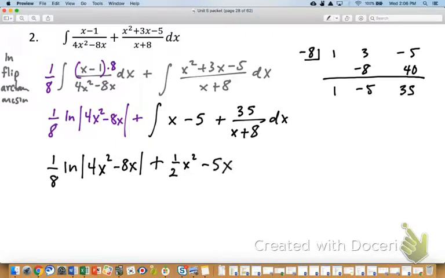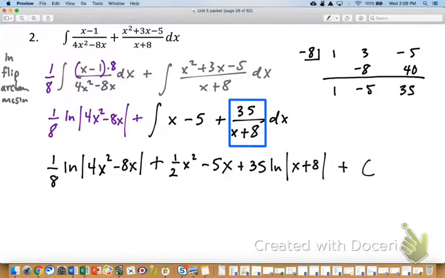And then you get to that last term, and we can make this as complicated as we want. The 35 is just a constant multiple, right? Yep. So what is this going to end up being? What kind of thing? Natural log, that's right. So we'd finish with plus 35 natural log absolute value of x plus 8.